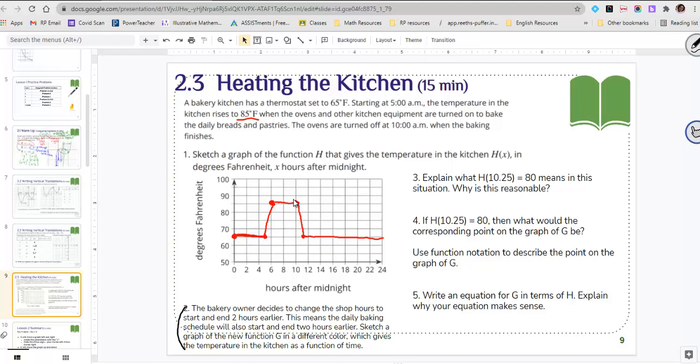Our new function would have everything 2 hours earlier. So maybe you want to draw it in a dashed line, or maybe you want to do it in an extra heavy line, what this new one is going to look like.